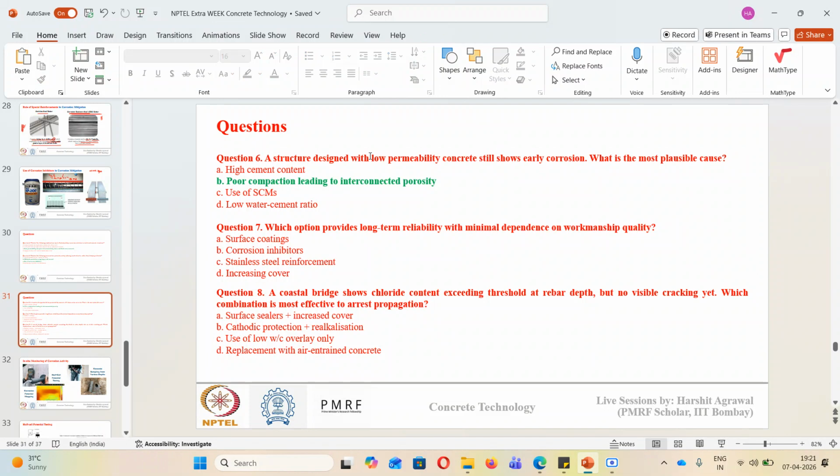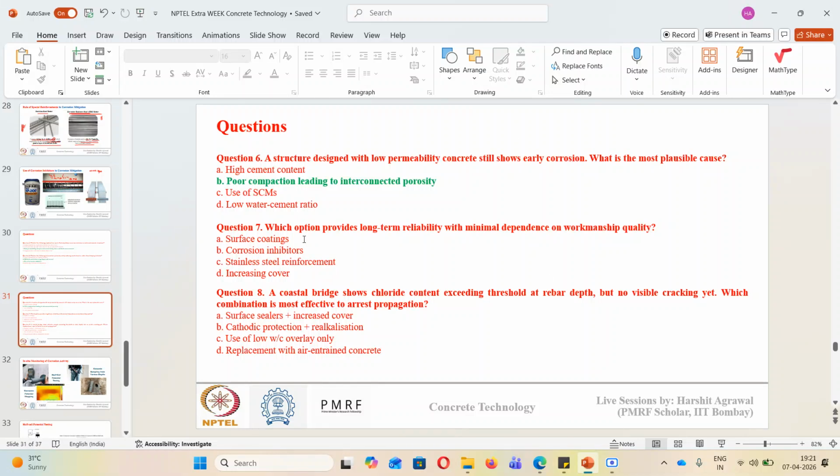Due to this, ionic ingress will be easy and it will show early corrosion initiation signs. That's why site control of concrete becomes very important for both mechanical properties and durability properties.